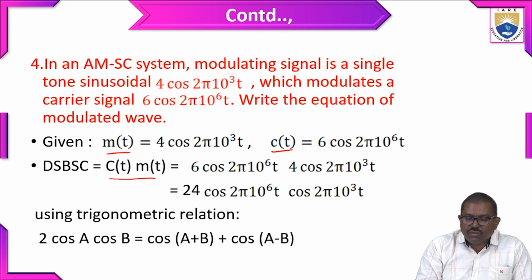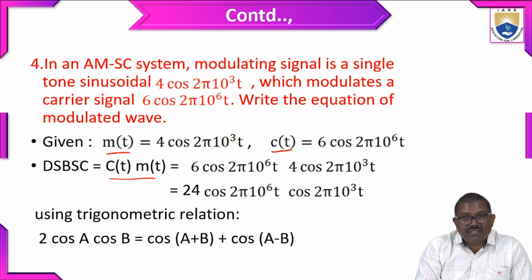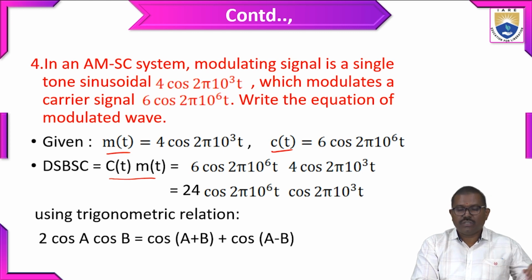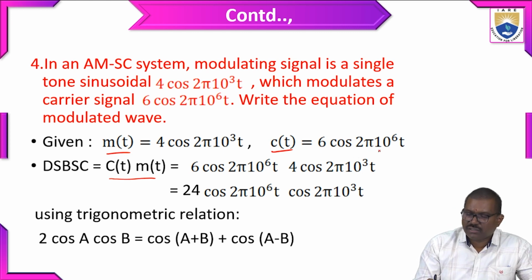Okay. So for the DSB signal, we are going to multiply c(t) times m(t). c(t) is 6 cos(2π × 10^6 t) and m(t) is 4 cos(2π × 10^3 t).